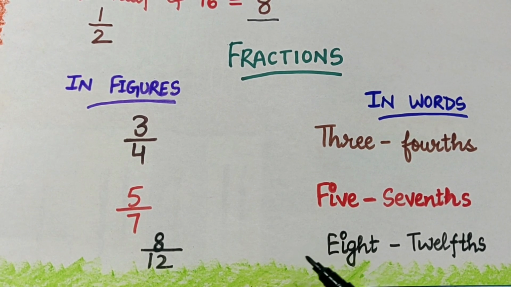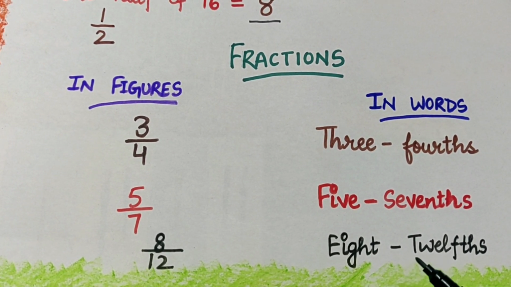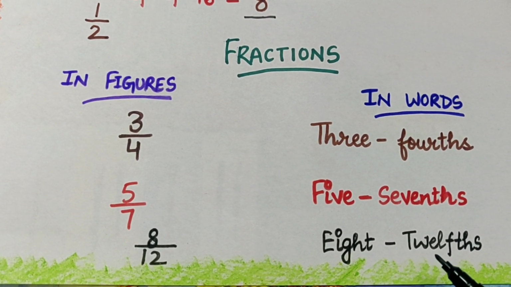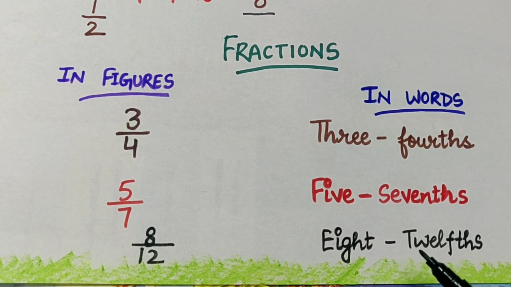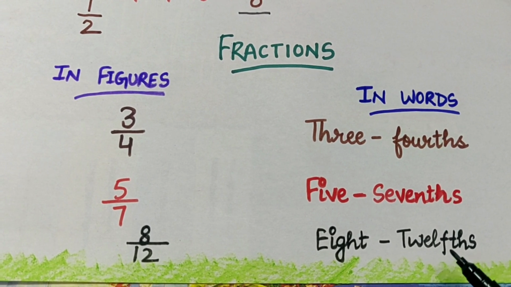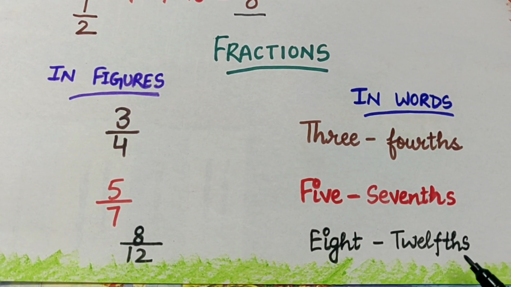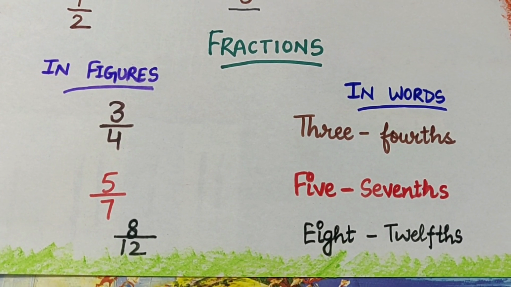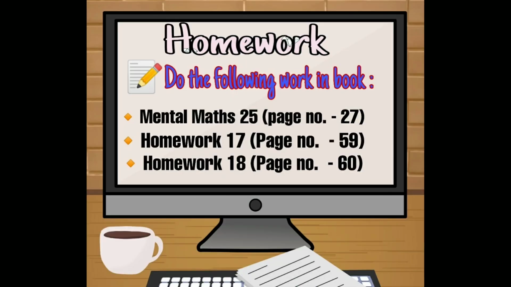Here 8 is numerator and 12ths is denominator. Please look at these spellings: TWELFTHS. While writing 12ths, we write like this. Alright? Now dear children, I hope you have understood this topic well.